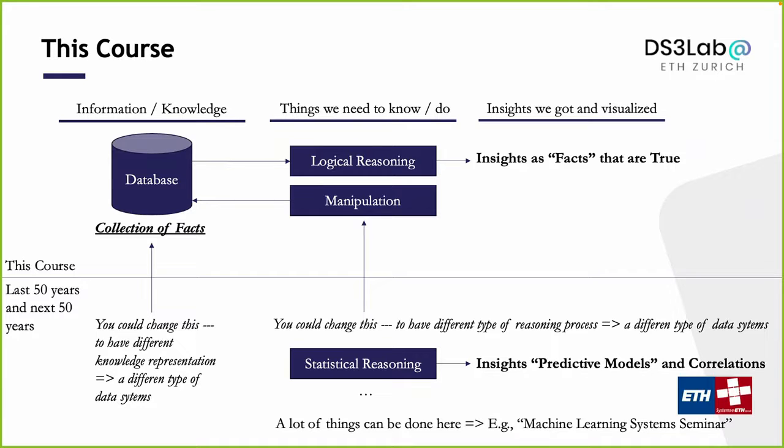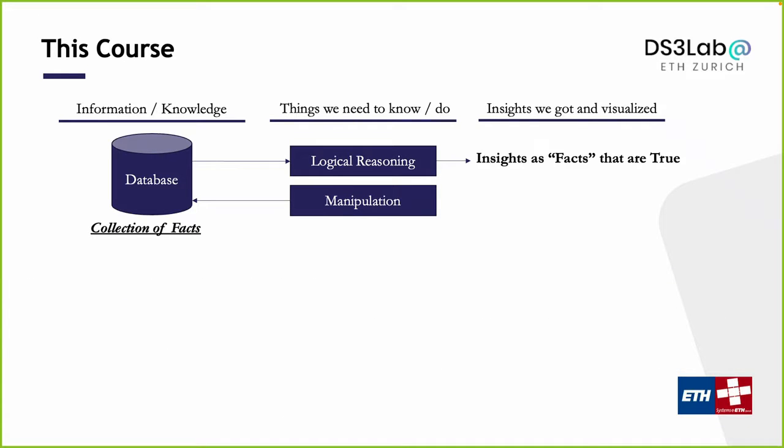It talks about how that system is going to change if the things you want to do is not logical reasoning, but more statistical reasoning. It's important for you to know that you can do so many different things over this collection of data, okay? So this is what we are going to kind of learn about in this semester.